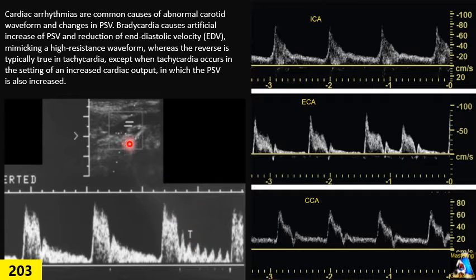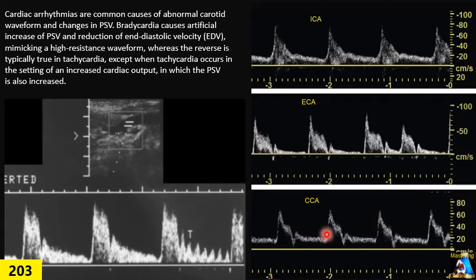If it is ECA, over 99% it creates a sawtooth pattern on the Doppler, and in that case we are almost sure that the vessel we are interrogating with pulse Doppler is ECA.